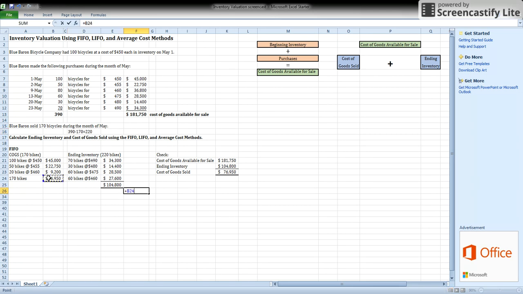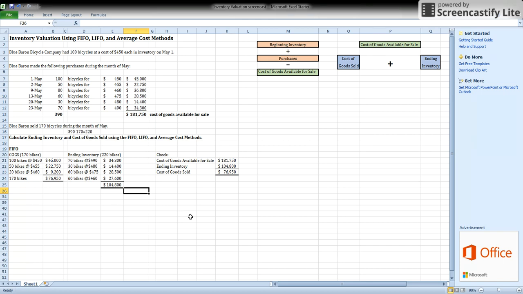So $76,950 plus the $104,800 equals the $181,750 that we have in cost of goods available for sale. All of those cost of goods available for sale went one of two places, just like they were supposed to, either into cost of goods sold or ending inventory.